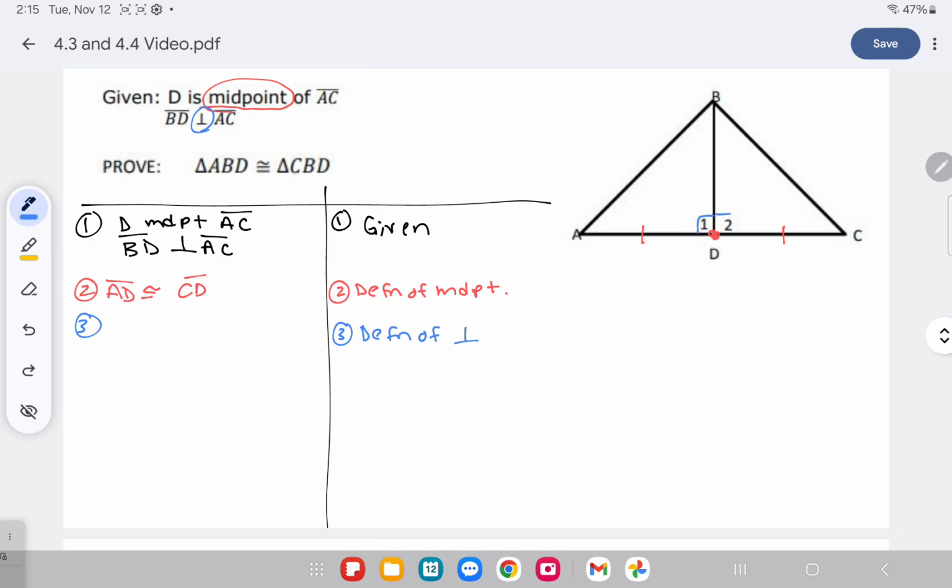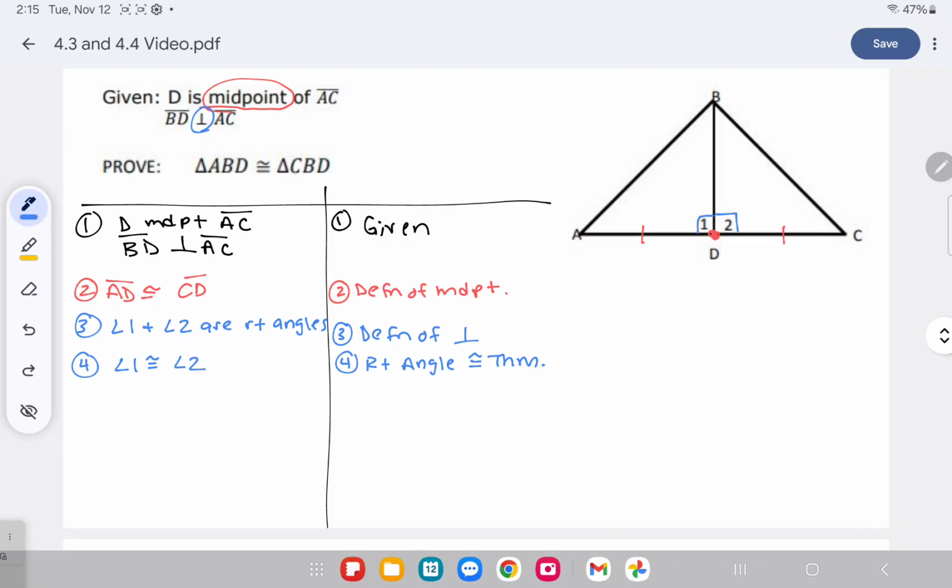So that means angle 1 and angle 2 are right angles. We haven't said that they're congruent yet. Based off of them being perpendicular, we just know that they're right angles. Then we can say that angle 1 and angle 2 are congruent, and our reason there is the right angle congruence theorem.